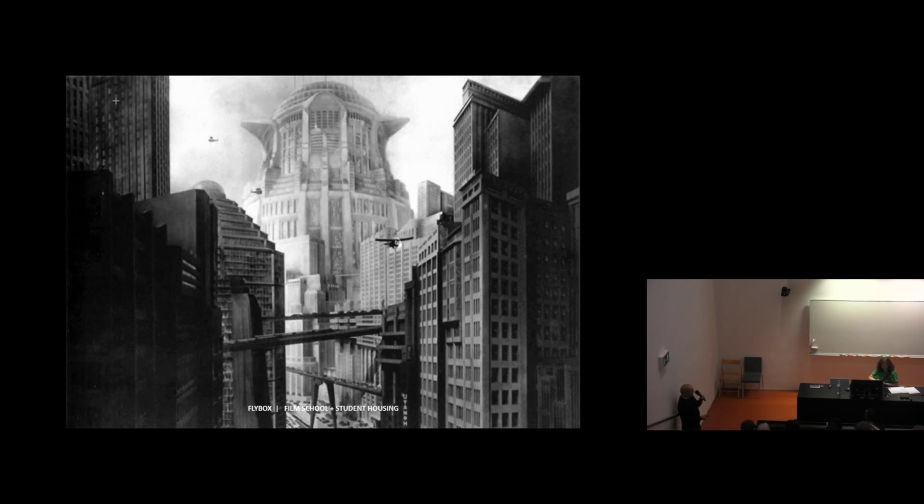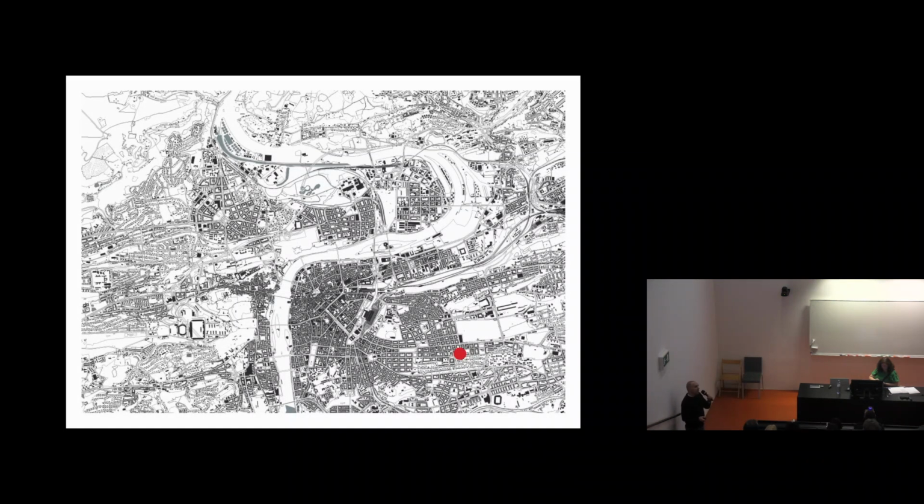But the second reason is the context, which is very specific in our case. So this is the red dot. This is the position of our site. It's across an intersection of three Pragues: Prague 2, Vinohrady, Prague 10, Vršovice, and Prague 3, Žižkov.